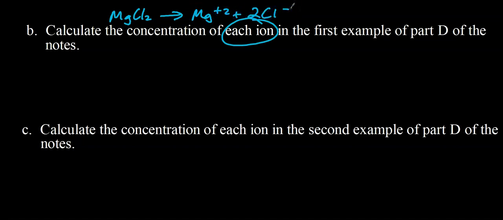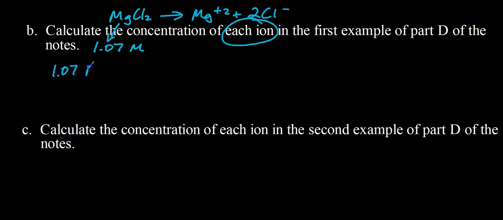All right, so the concentration of the magnesium chloride solution as a whole was 1.07 molar. We calculated that the other day. So now we're going to use this along with the mole ratio from the dissociation equation to determine the concentration of each of the ions in this solution. So let's do that.